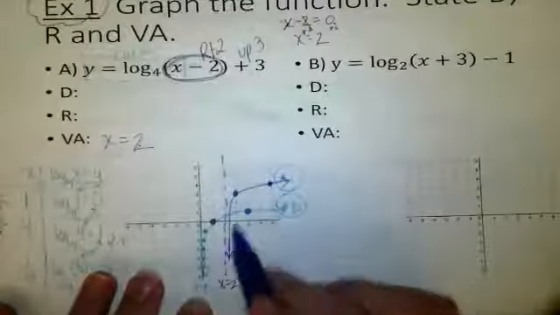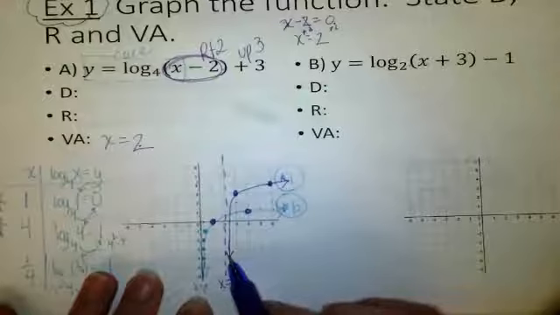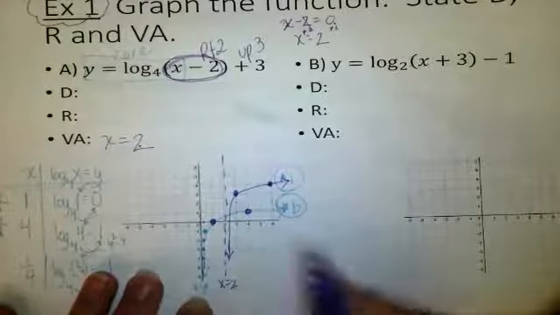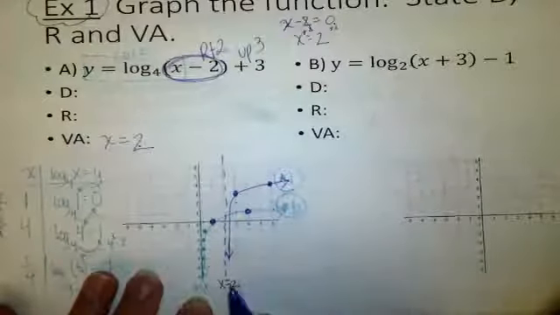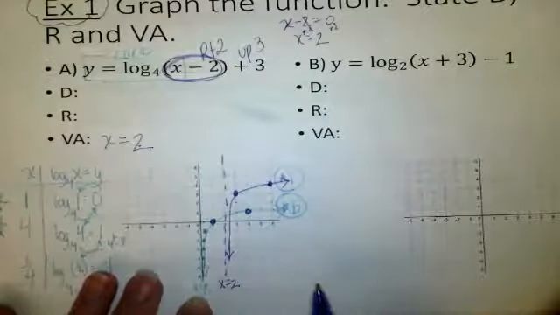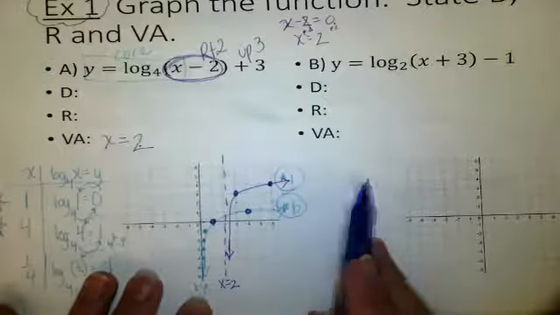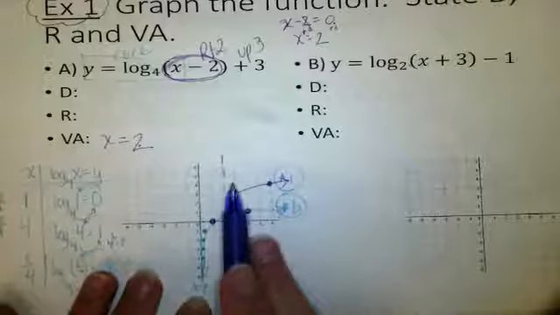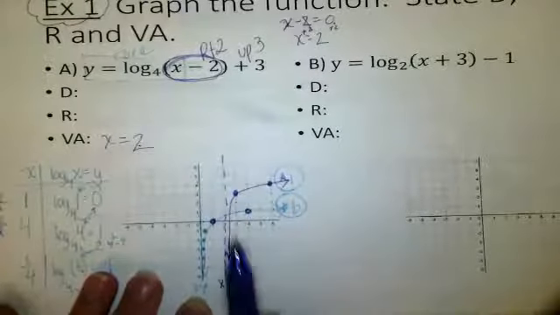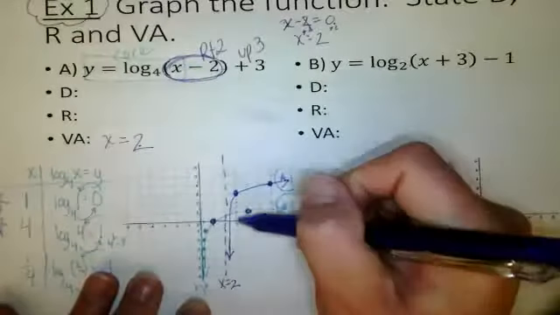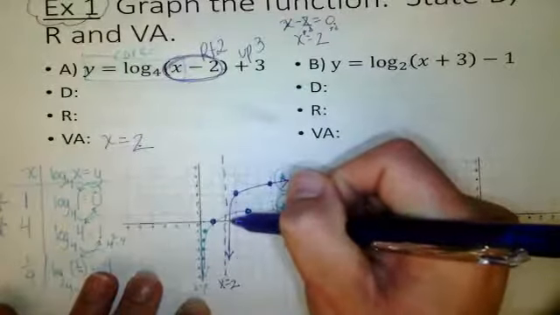What is the domain of this purple function? How far to the left and how far to the right does it go? It goes to infinity out to the right. It's going forever to the right. Where does it stop over here? At 3? Well, wait a minute. This is left of 3.